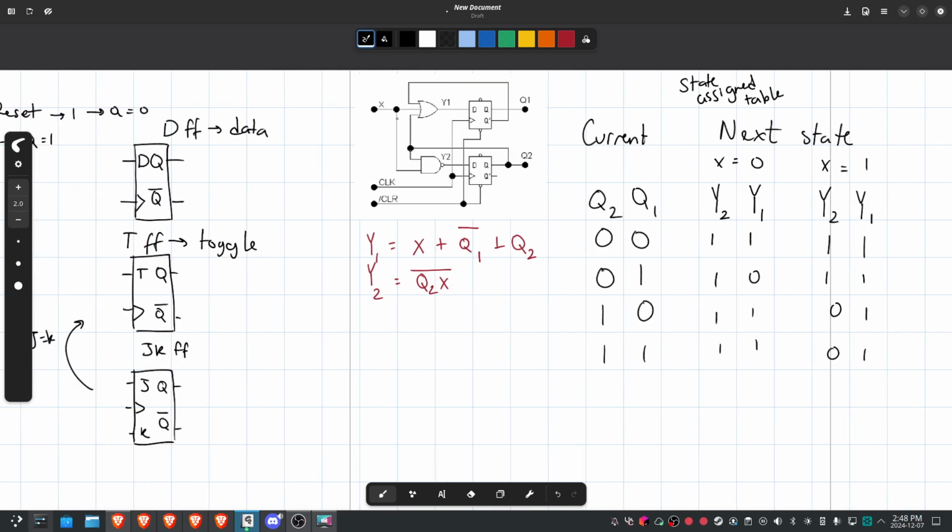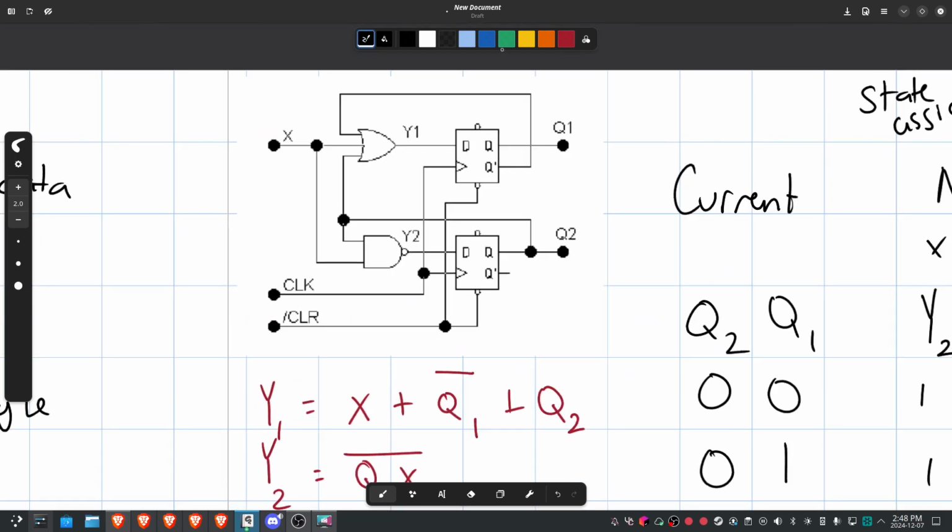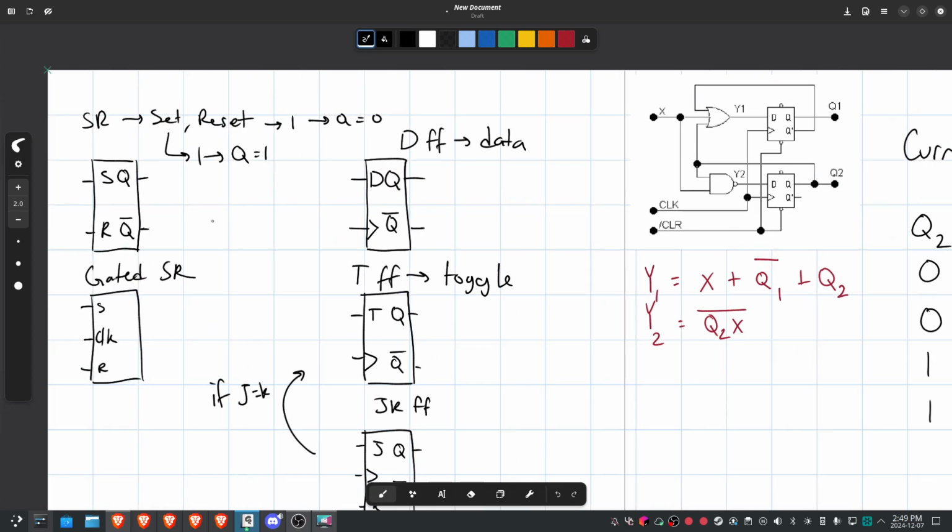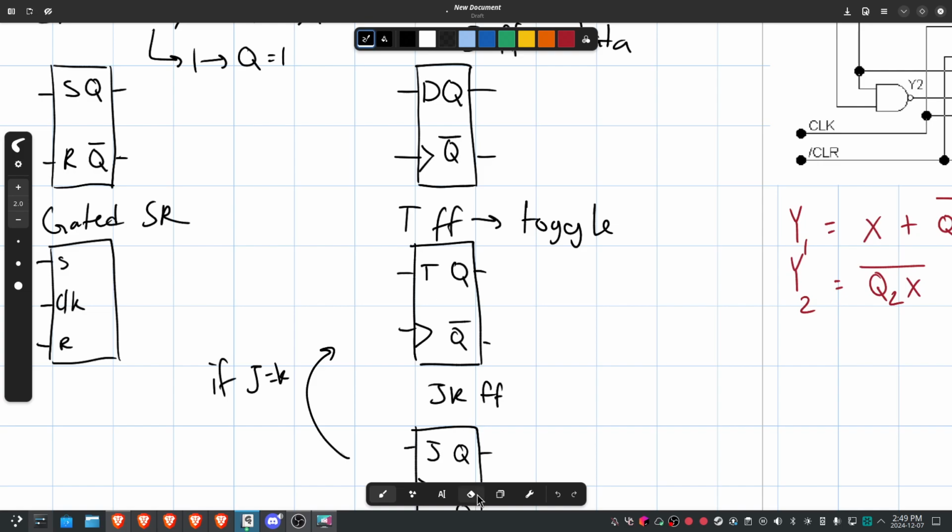A couple things need to be noticed. The first one is that all of our flip-flops are on the rising edge, and I failed to mention this. If you see a dot in front of the edge trigger, something akin to this, this is a falling edge trigger.